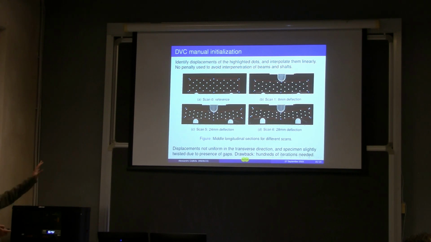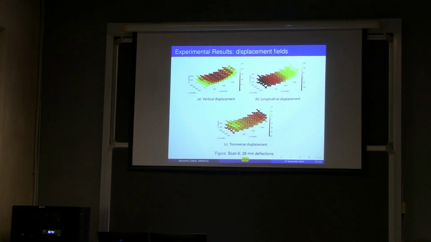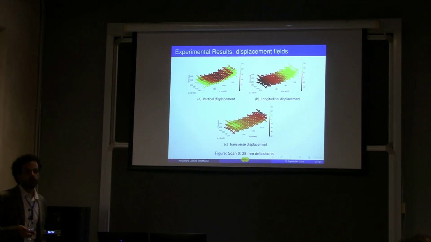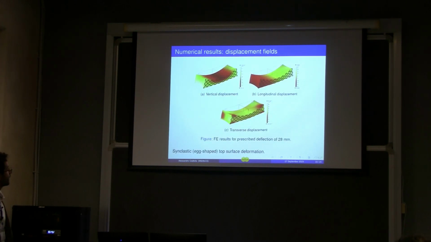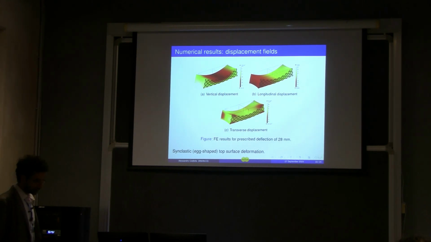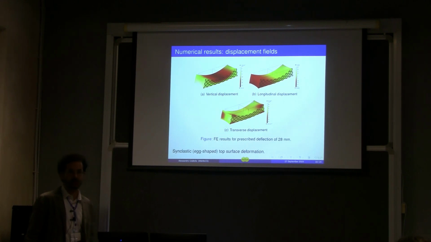So we did the measurements, we have the experimental results measured via digital volume correlation, and then we said, okay, let's try to compare to what we can do with the continuous model. And a posteriori, I would say the agreement is very nice.